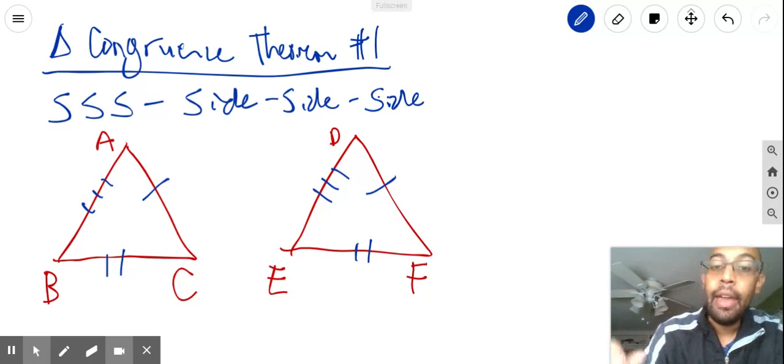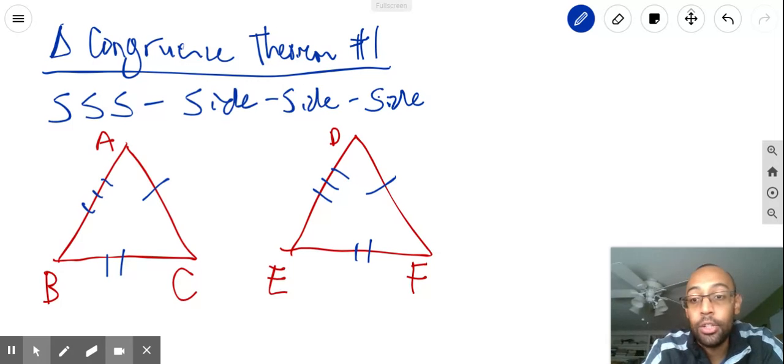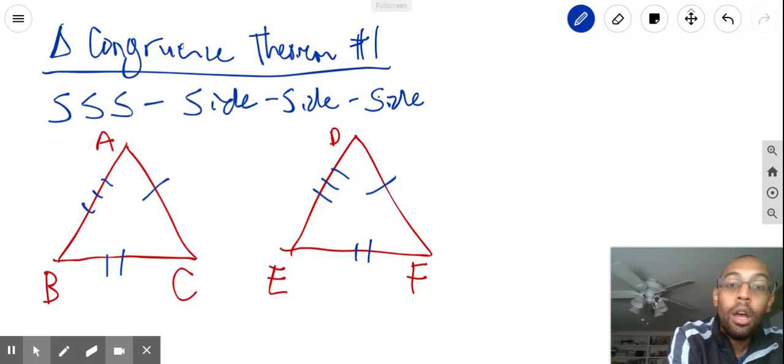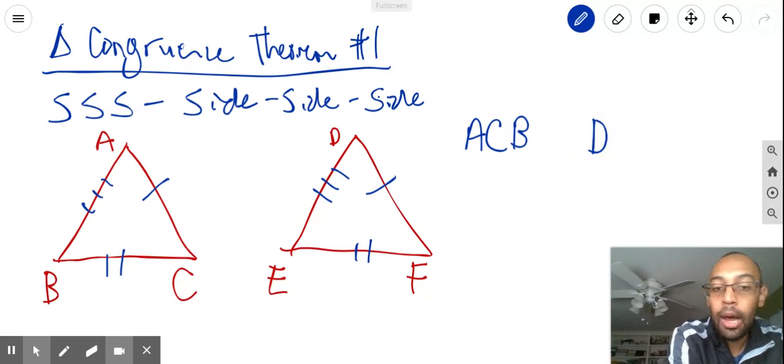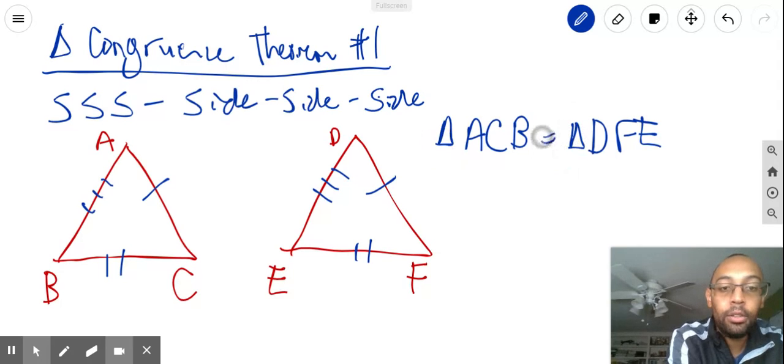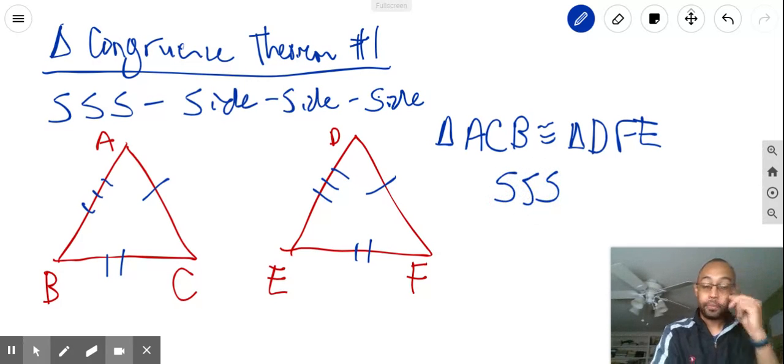If I have this situation where three sides of one triangle are congruent to three sides of another triangle, they match up. So I can write down, if I go in the order of A followed by C followed by B, then I follow that order by saying D followed by F followed by E. Then I can say that those two triangles, triangle ACB and triangle DFE, are congruent to each other by the side property.